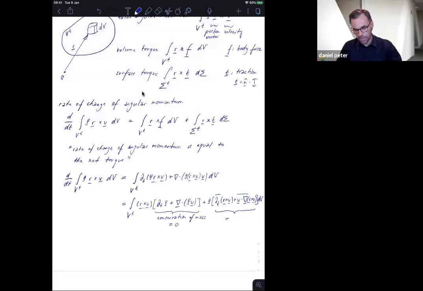This is equal to r cross rho times now the material derivative of v. So this capital D/Dt, that's the material derivative now.